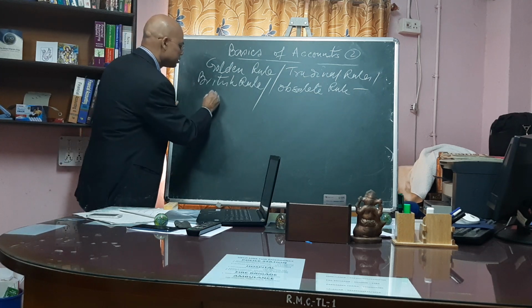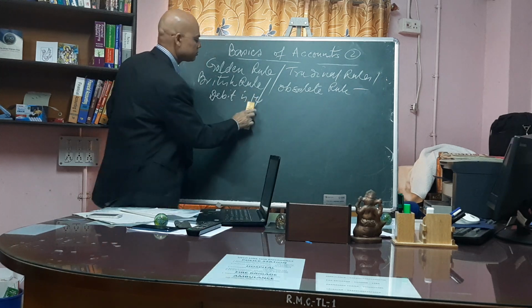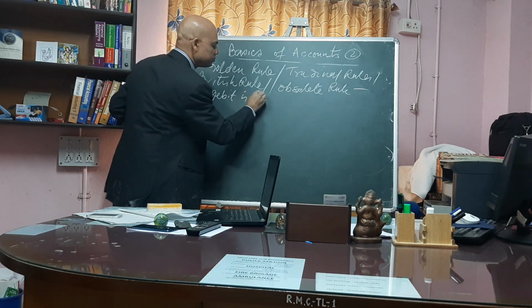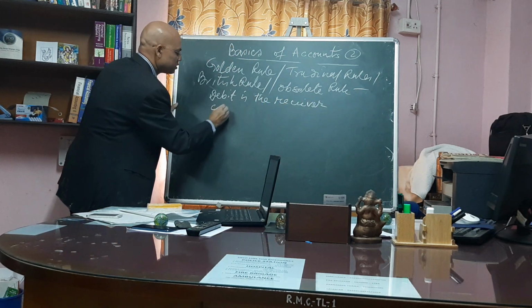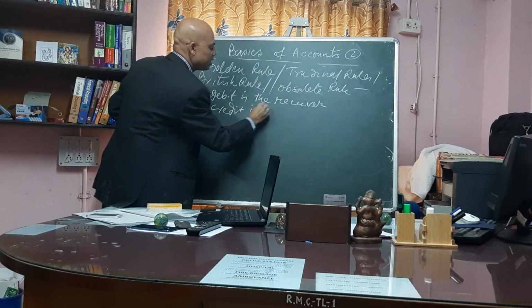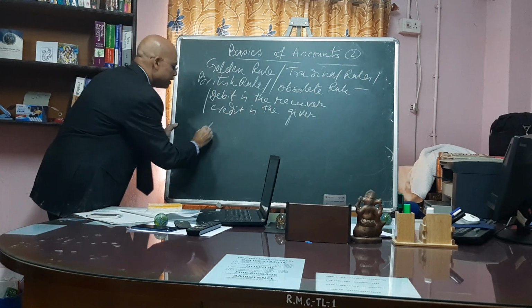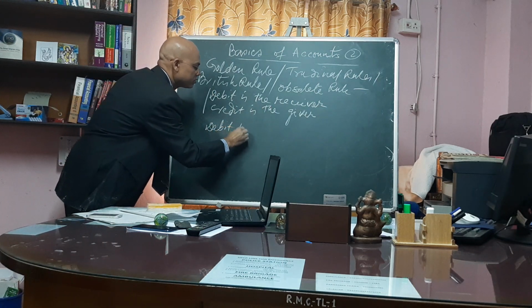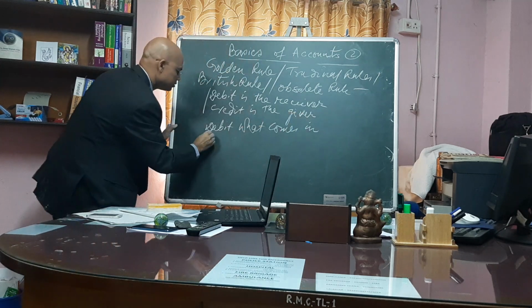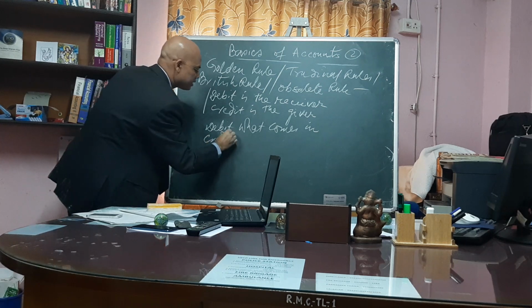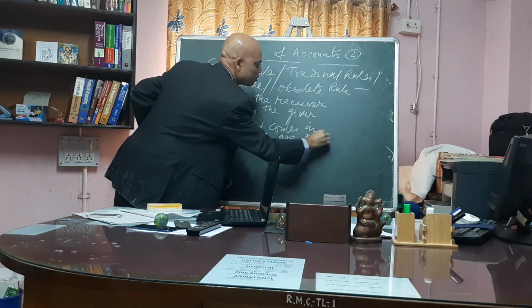For personal account, debit is the receiver, credit is the giver. For real account, debit what comes in, credit what goes out.